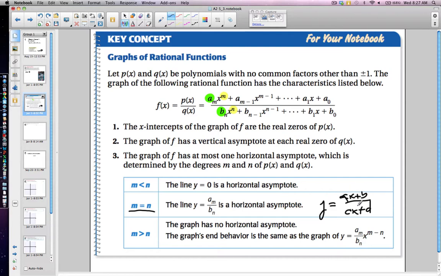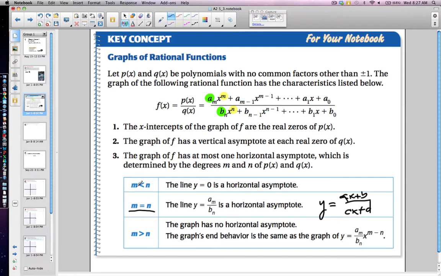I have first degree in the numerator and first degree in the denominator. So the rules that we've learned for graphing a simple rational function in this form match the rules for a general rational function when the functions have the same degree.